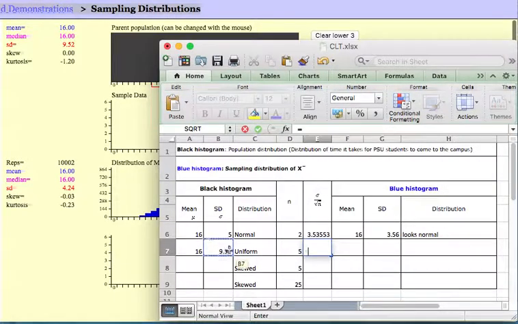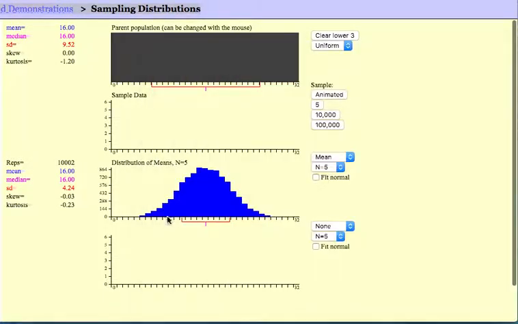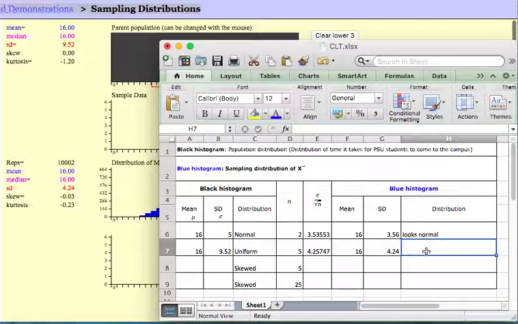If we calculate sigma over square root n, it's 4.26, and the mean of the blue histogram is still 16 and standard deviation is 4.24. And if you look at the shape, it looks roughly normal. So once again, I'm going to write down: looks normal.